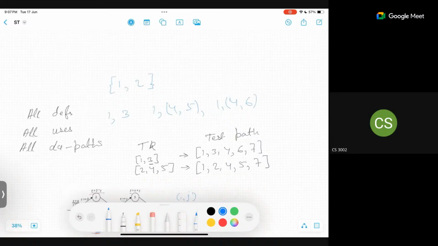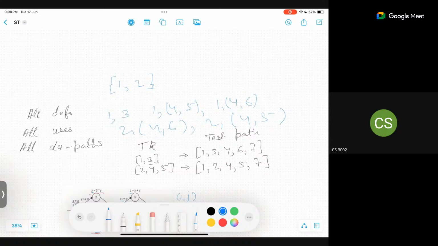So you have for all uses 2 4 5. Sorry, it's becoming a little cluttered, let me clear it. 2 4 6 and 2 4 5 also. These two are for the definition at node number two. So in total you are going through all du pairs. That is what is happening, right? So this is all uses.